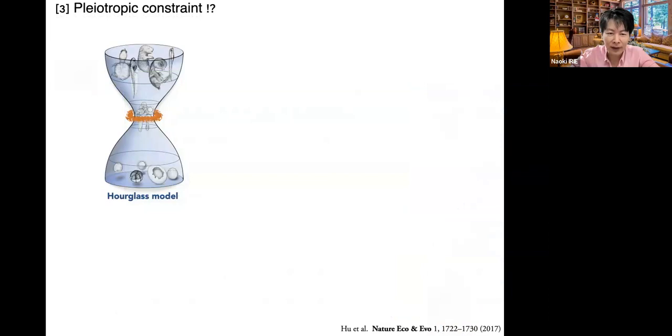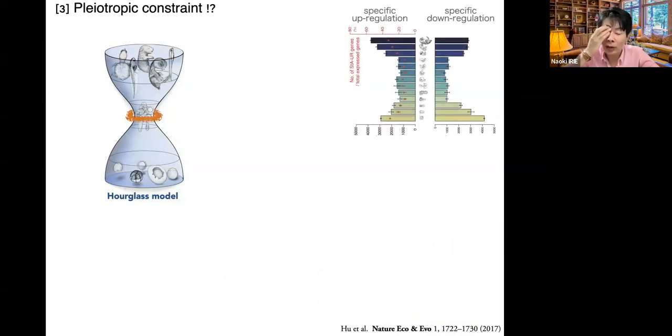And what happened was that my collaborator told me, well, my hypothesis was wrong, because he showed me that genes that are specifically upregulated or downregulated were much fewer than at later or earlier stages.